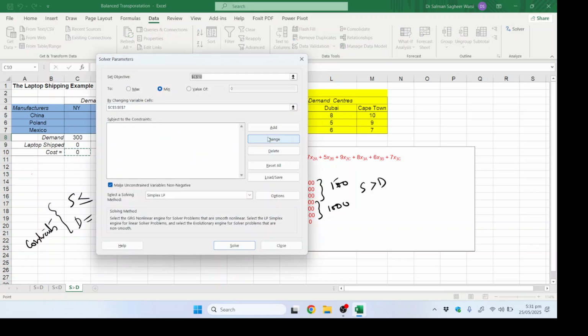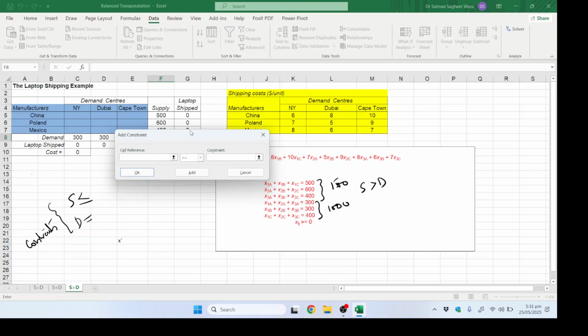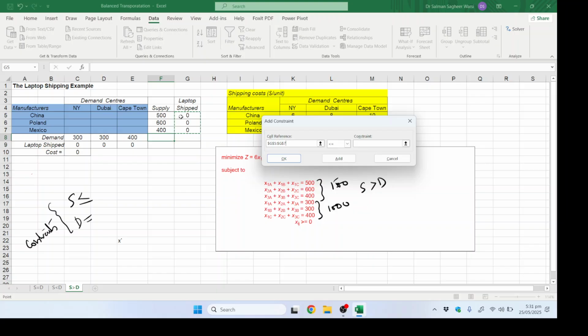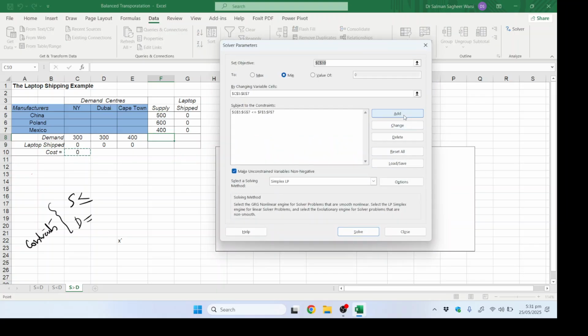Now we add the conditions. The first constraint is the supply, and this supply is less than or equal to the right hand side of the quantities, because we are not forcing the solver to fully supply all the quantities available.